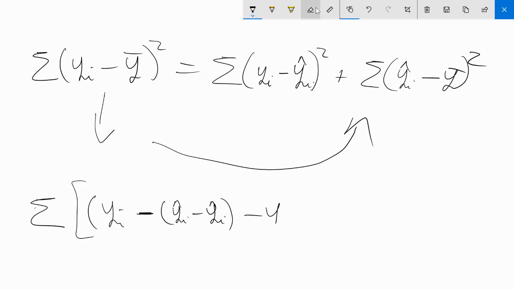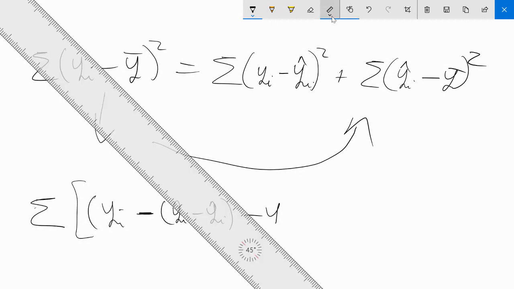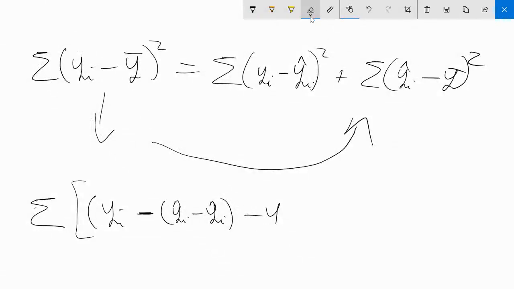Now I made a mistake. Sorry. So this is plus, because this is 0. Then the minus y bar is here. So you have introduced 0.